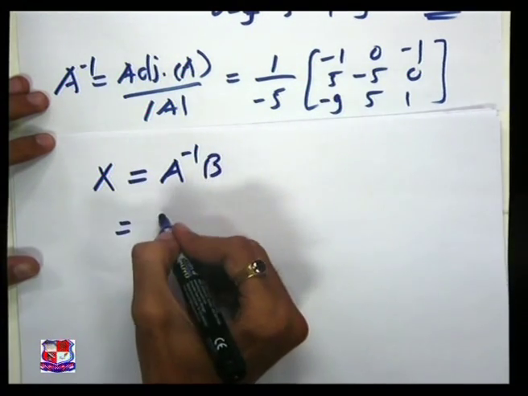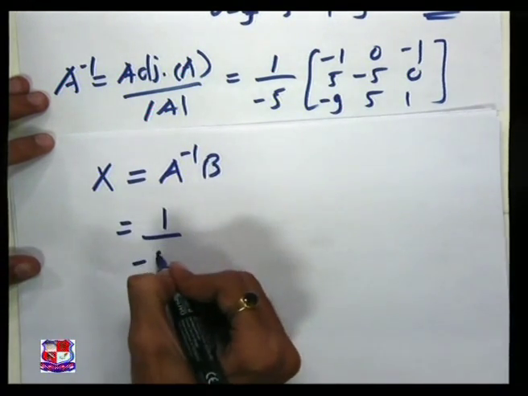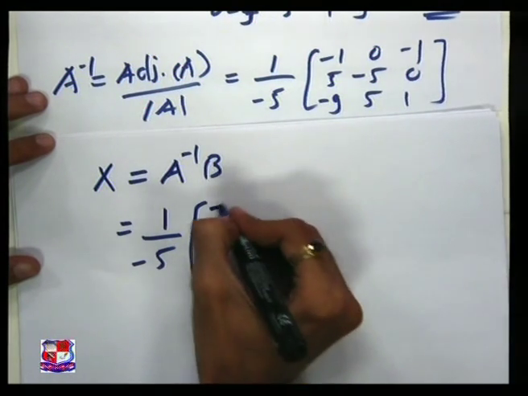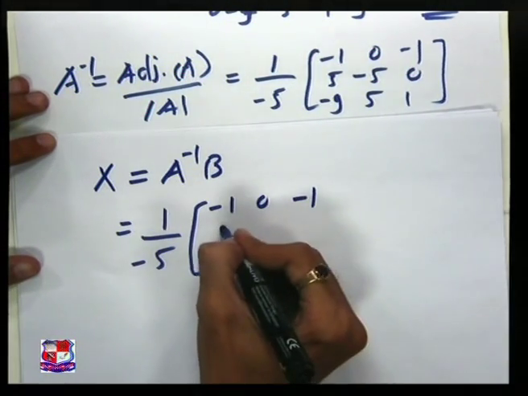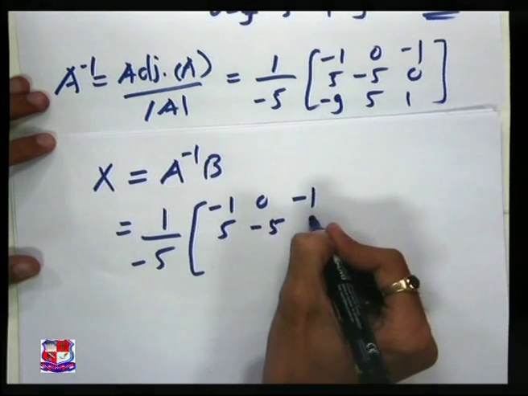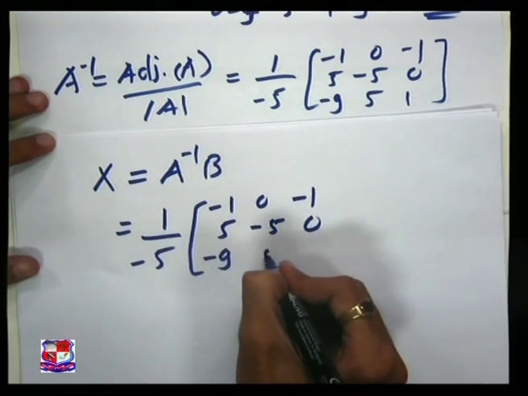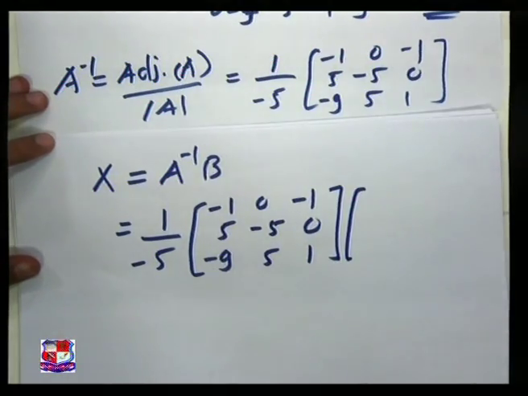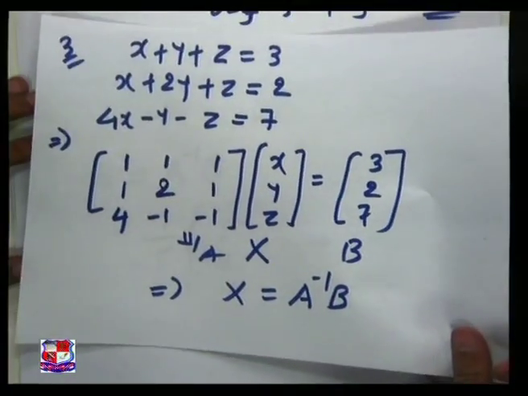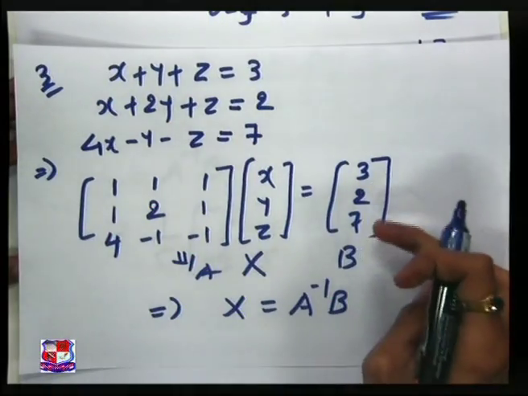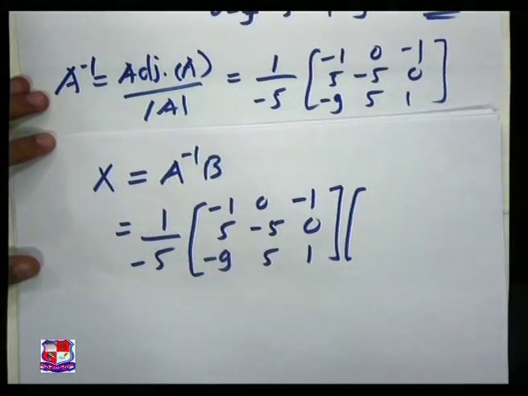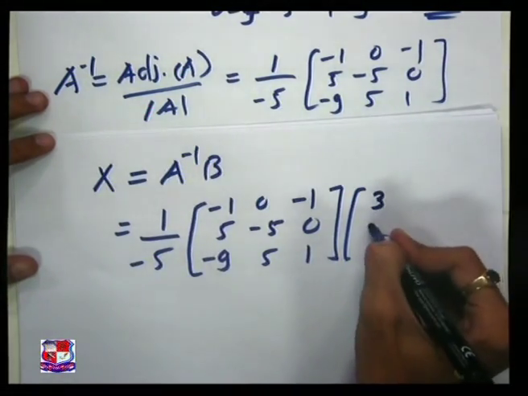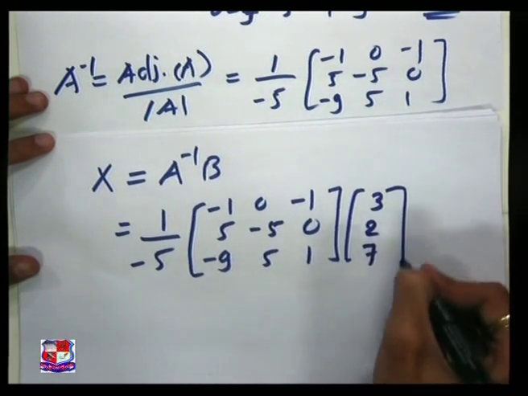We have A inverse, that is 1 by minus 5, times the matrix minus 1, 0, minus 1, 5, minus 5, 0, minus 9, 5, 1, into B, and we have been given B, that is equal to 3, 2, 7.